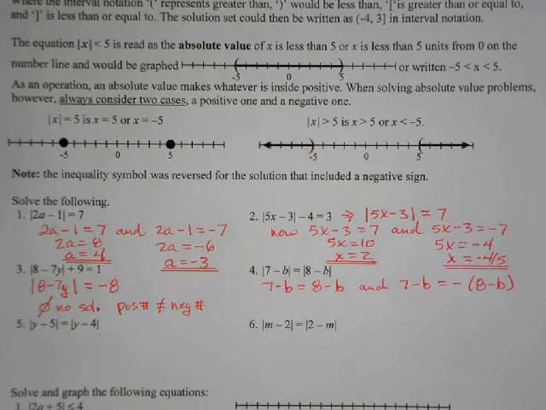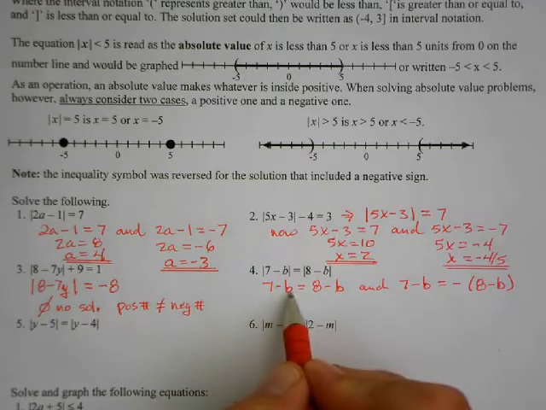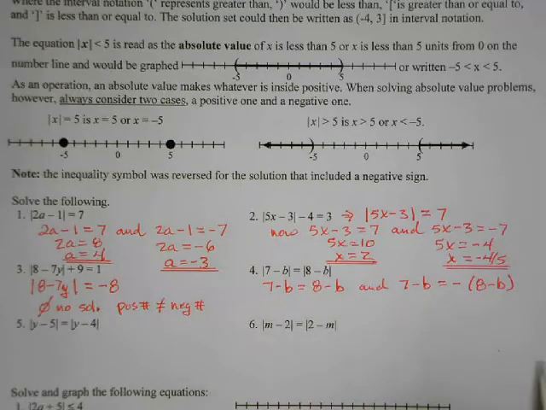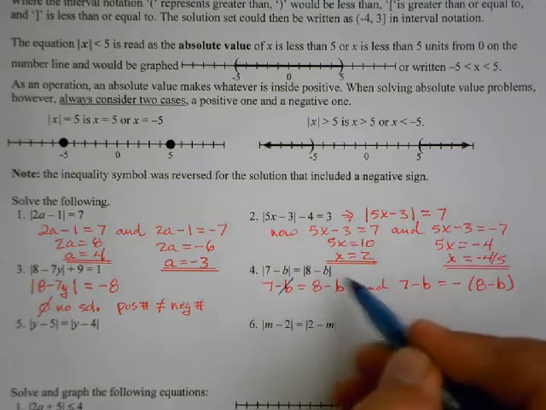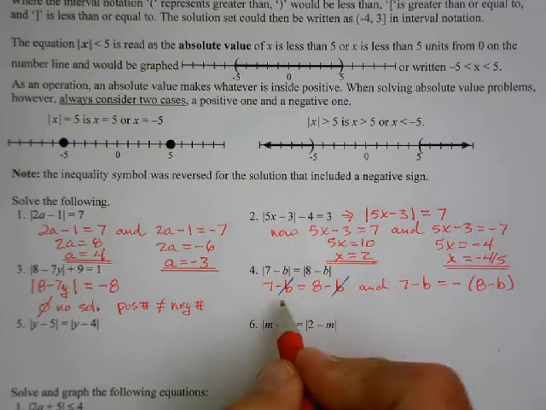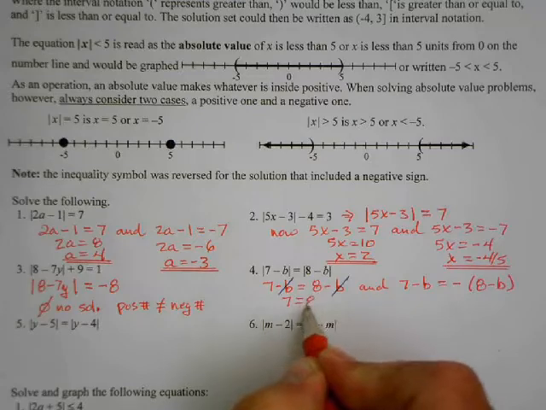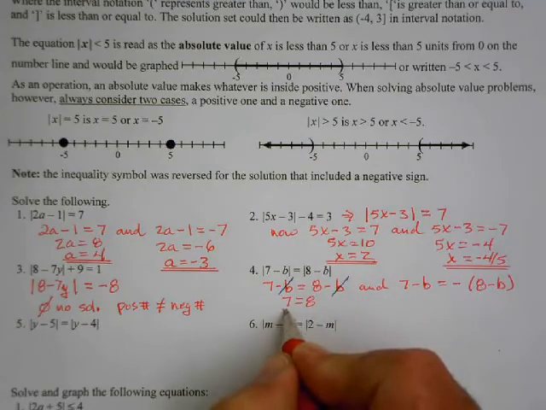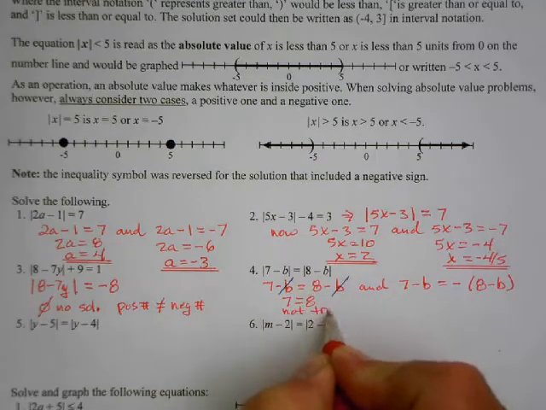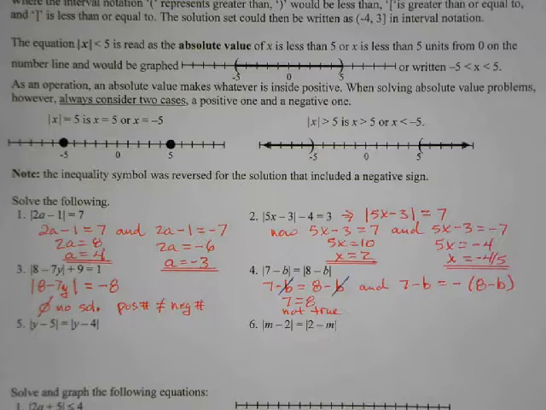Now we can go ahead and solve. Well, here, if I try to move either B to the other side, they'll cancel out. And I'm left with 7 equals 8, which is not true. So that's not going to provide me with any answer.